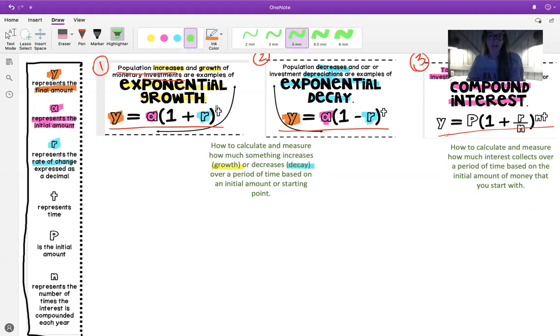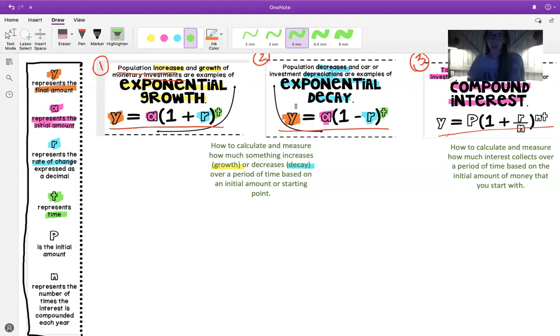All right, and then finally we have this t value, and that represents time. So how much time is passing? What is your starting year or your starting date and your ending date? The amount of time that passes is your t value.